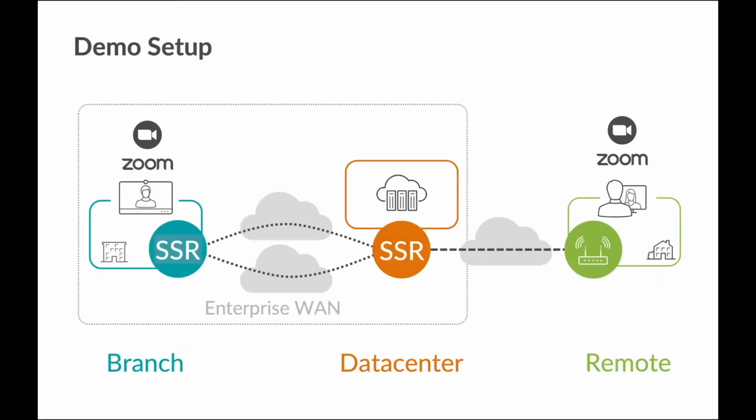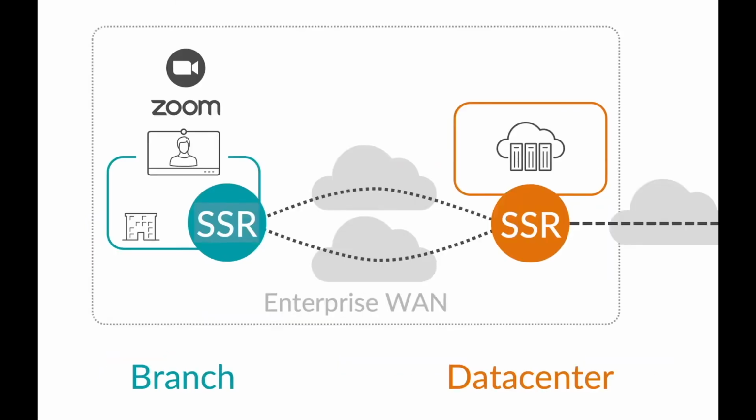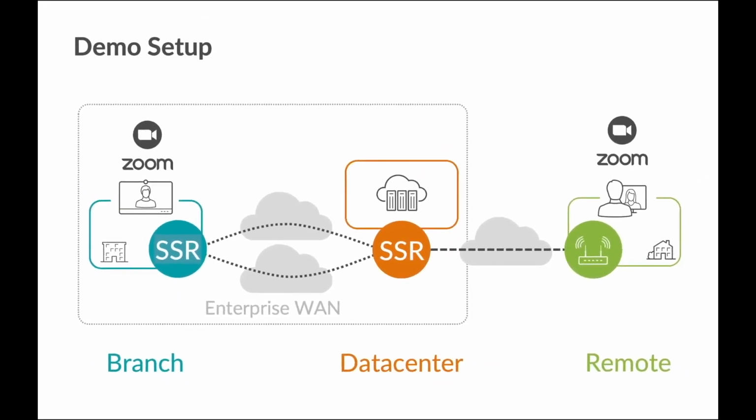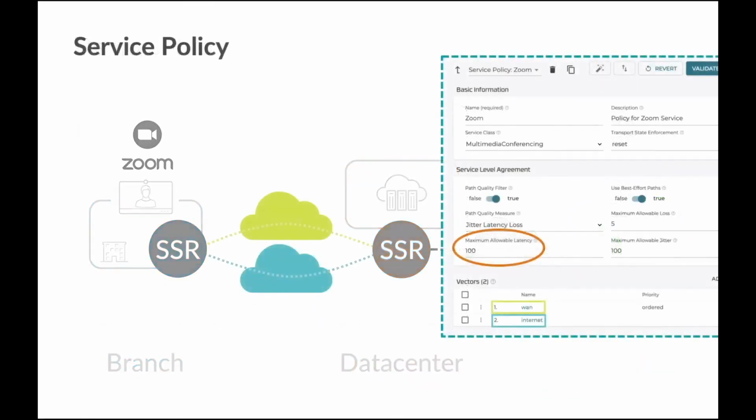So on the left here is an employee at the enterprise branch. Really, it's the basic multipath WAN scenario with an enterprise and an employee at the enterprise on the left. The branch is connected to a data center here with two separate links. The enterprise uses Zoom conferencing services, and the employee at the branch is about to join a video conference.